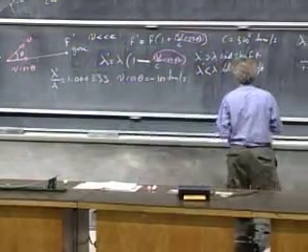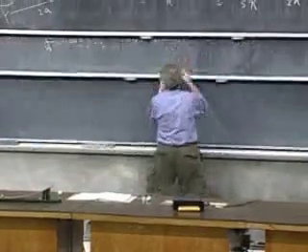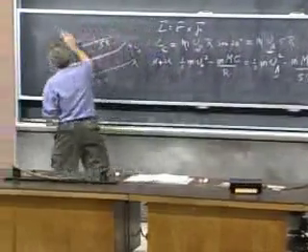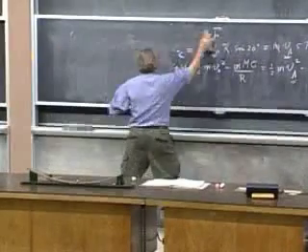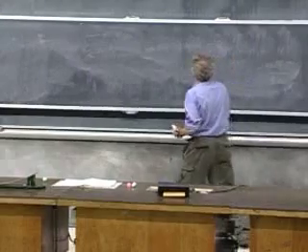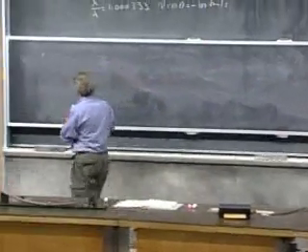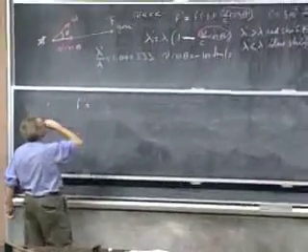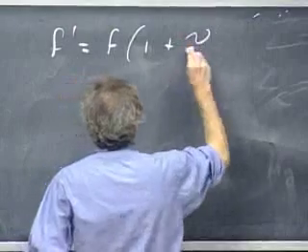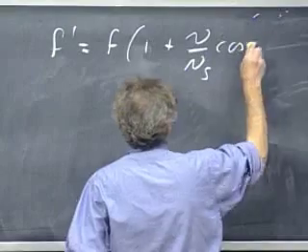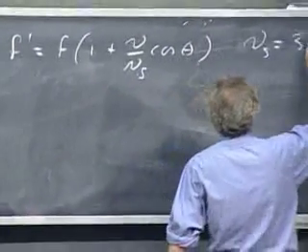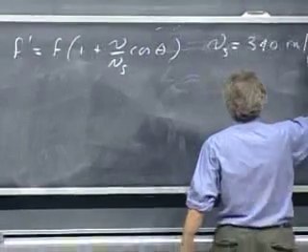If we apply this to sound, then we get a very similar equation. Suppose you sit still and I move a sound source toward you, but you don't move, then you get a similar equation that f prime, that's the frequency that you will hear, equals f times 1 plus v over v sound times the cosine of theta. And the sound speed is about 340 meters per second at room temperature.